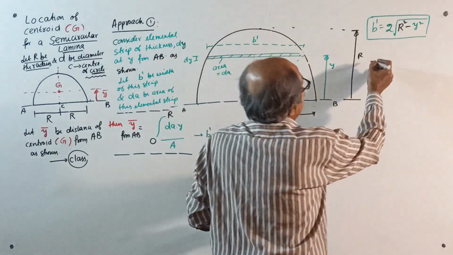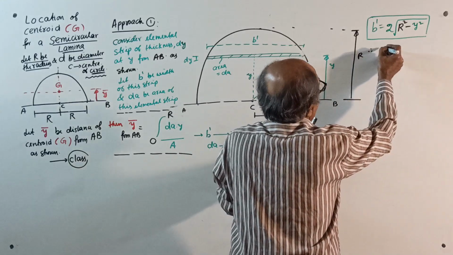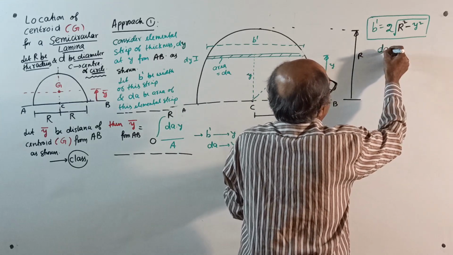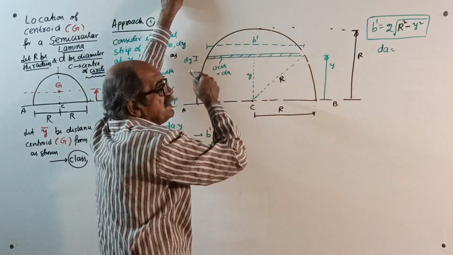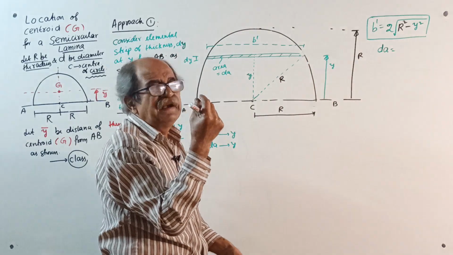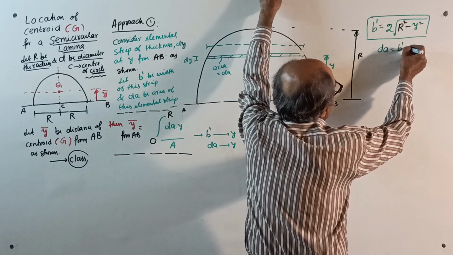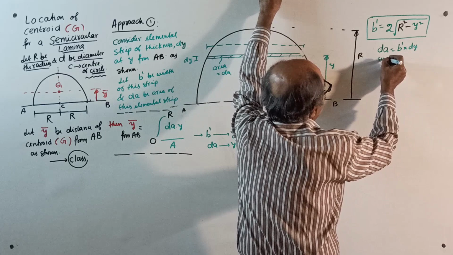Now dA equals the area of the elemental strip. This can be taken as a very thin rectangle, B dash into dy, as I told earlier. Now substitute for B dash.